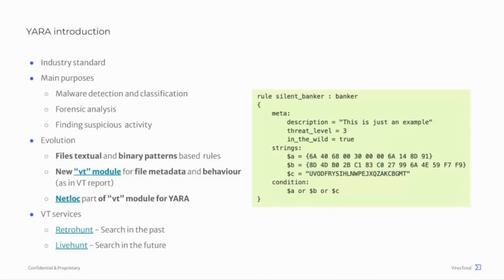Over time, VT's Yara evolved from rules based primarily on text and binary patterns on files to something more sophisticated. We created the VT module for Yara that works over files in the VirusTotal dataset, which includes two main attributes, which are metadata and behavior.